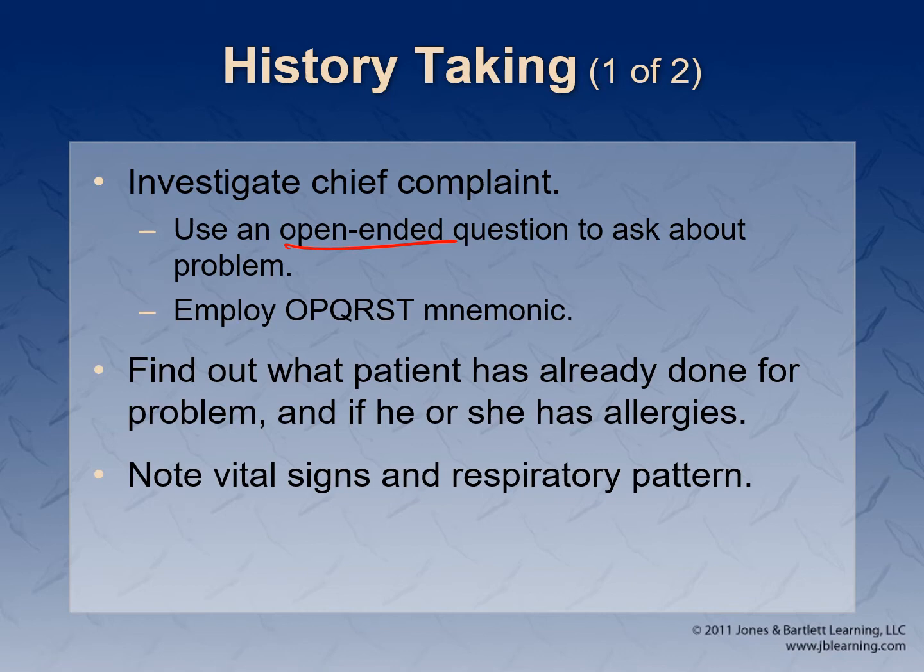So instead of saying, does it hurt here, and pointing or touching, say, sir, can you point where it hurts? Instead of saying, are you having trouble breathing? It's, tell me about your breathing. Don't put words in their mouth, because then you're going to be guiding their responses based off your presumptions rather than getting the information from them as a primary source.